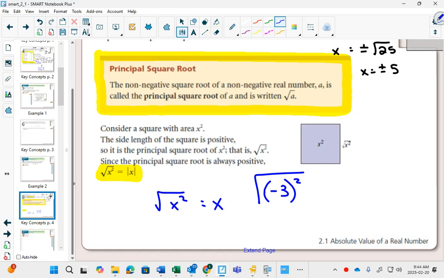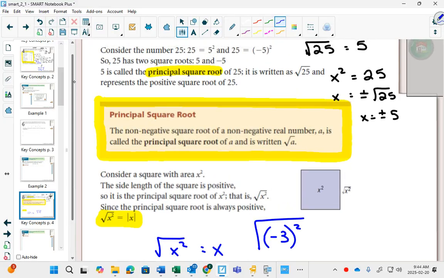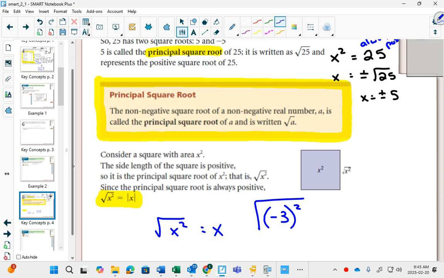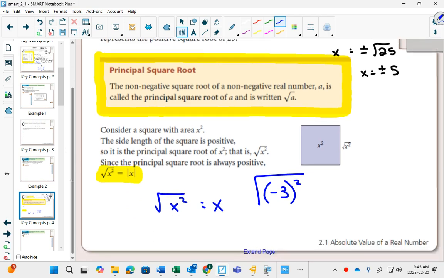Okay, and I just canceled the square root with the squared, I would get minus 3. But this idea of the principal square root, when you just do a square root, it is always positive. So if I actually do order of operations here, I should do negative 3 times negative 3.